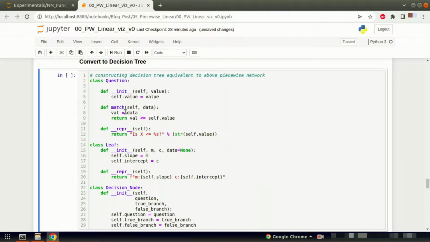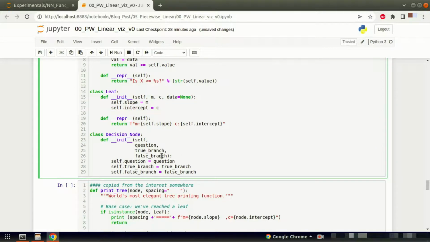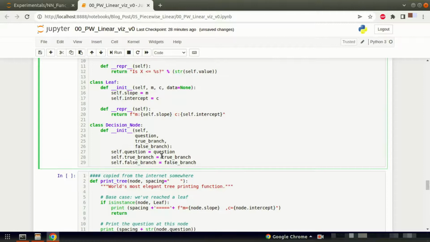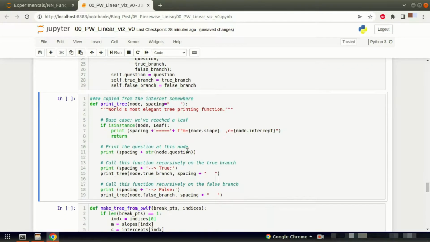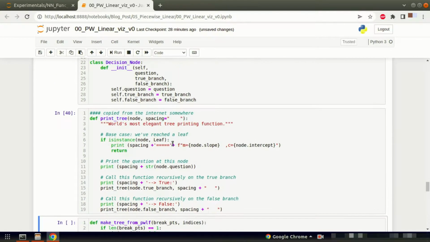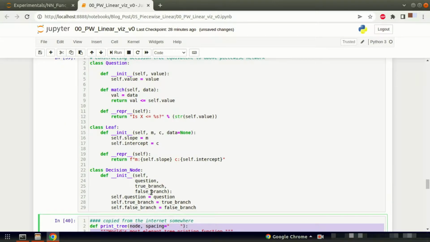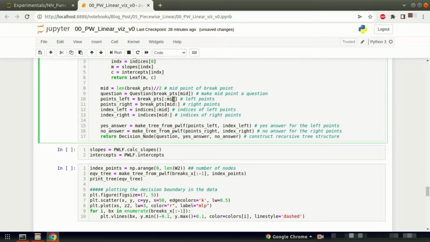Here it compares if the given value is less than the breaking point, right? And in the leaf node we have slope and intercept to make the line, and in the decision node we have the question and true runs and false runs, right? And we have a function to print the tree. These functions are copied from the internet, and I couldn't find the reference.